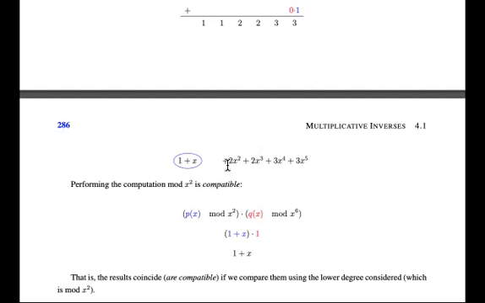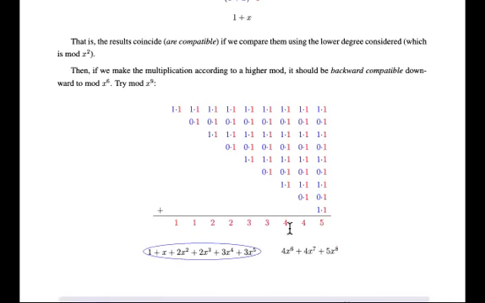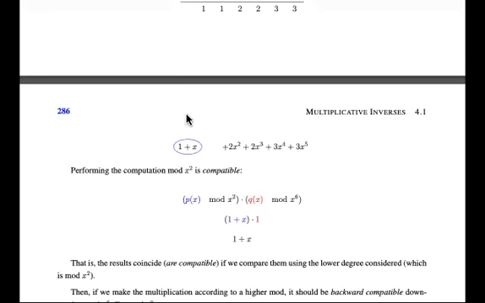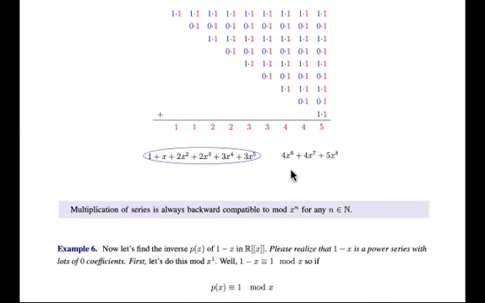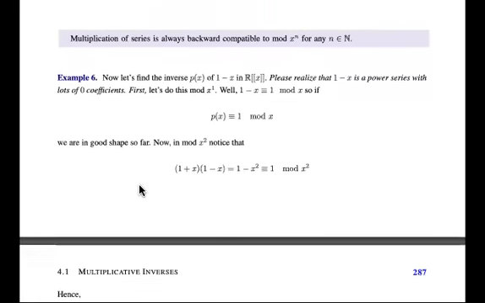It's compatible. No matter what mod we use, the multiplication is very compatible here. Even if we went up to x to the 9th, notice that the first up to x to the 5th agrees with what we had over here up to x to the 5th when we mod it out by x to the 6th.